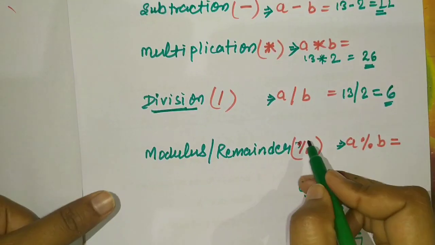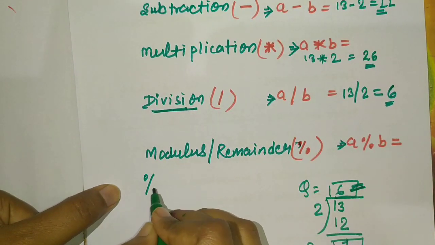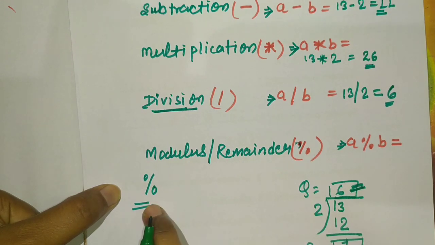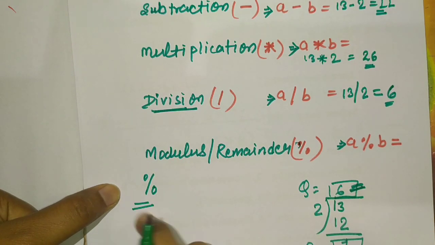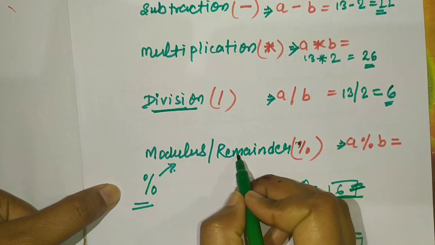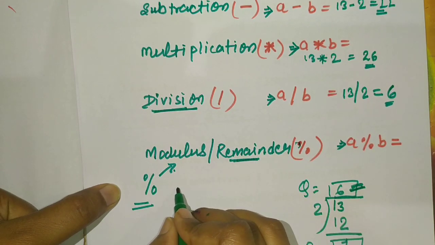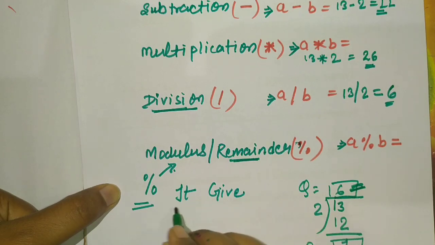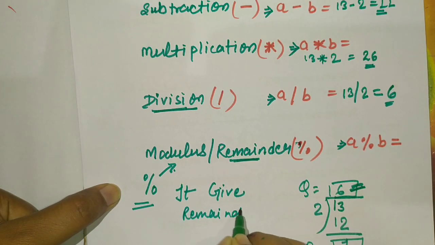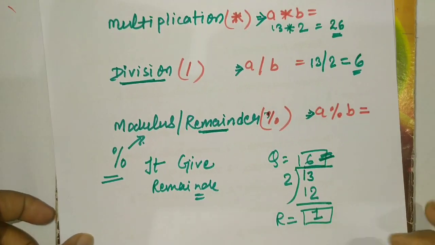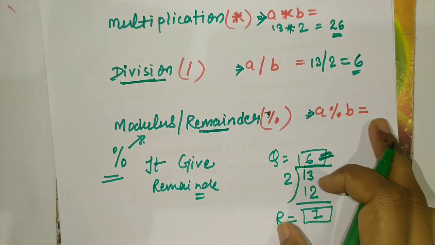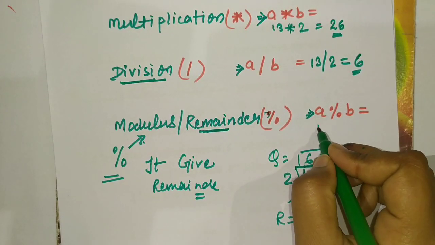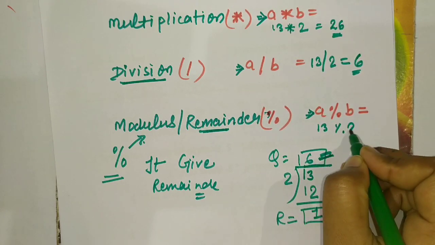But in modulus, this is the modulus operator. This is not a percent sign in a programming language. This is called the modulus operator. It gives the remainder. Here A modulus B, that means 13 modulus 2.